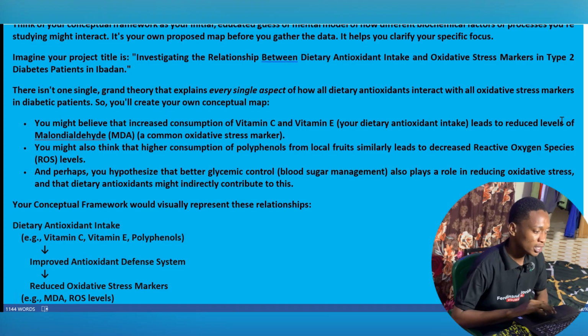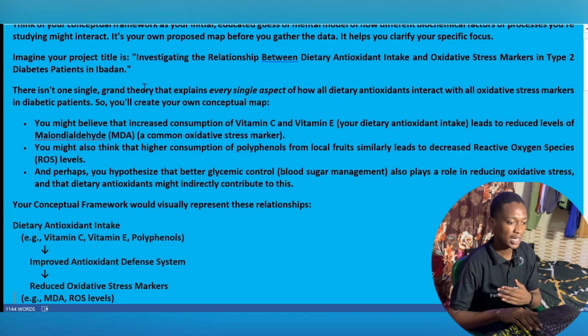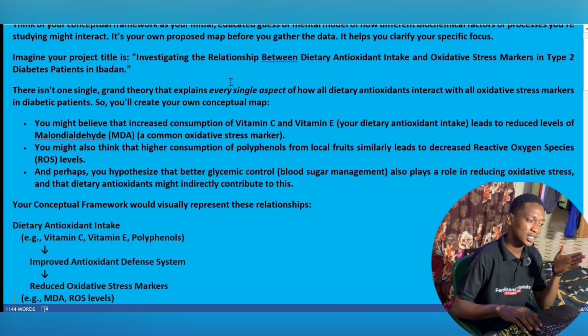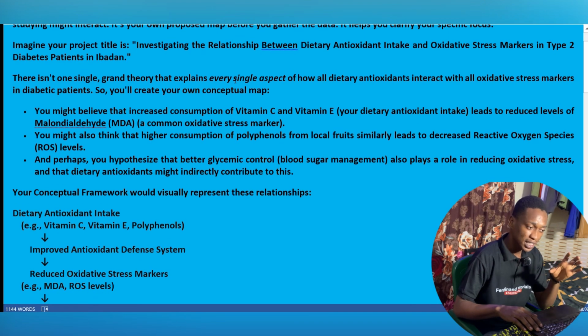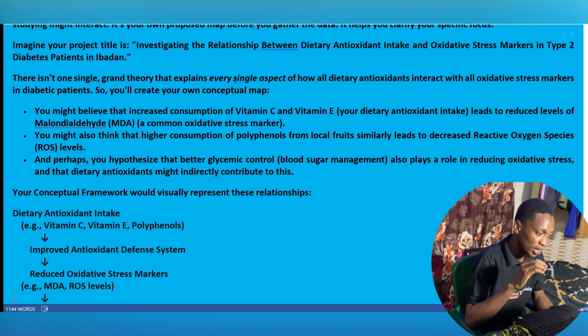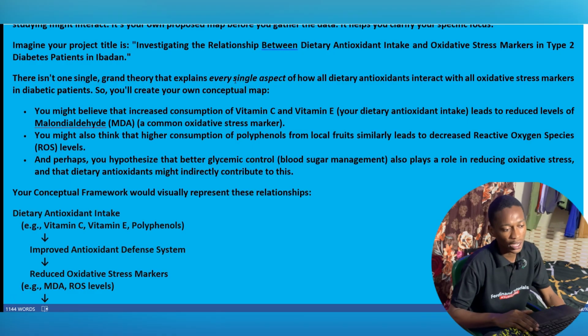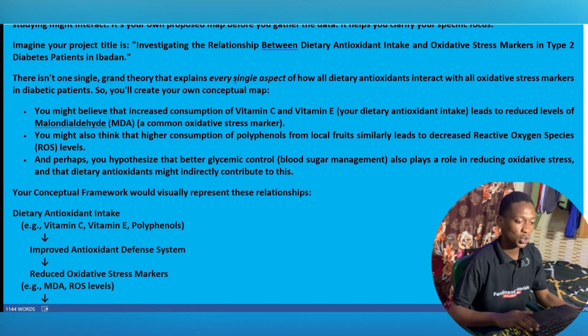Now, one of my viewers sent this particular topic: investigating the relationship between dietary antioxidant intake and oxidative stress markers in type 2 diabetes patients in Ibadan. There isn't one single grand theory that explains every aspect of how dietary antioxidants interact with oxidative stress markers in diabetes patients.